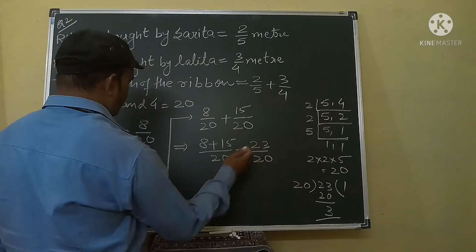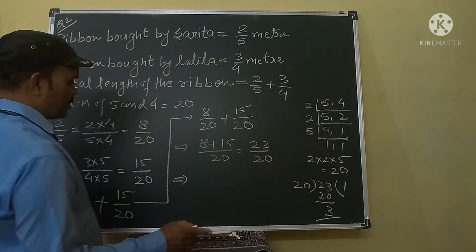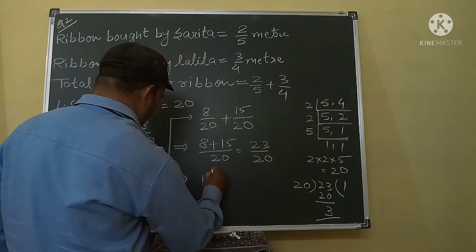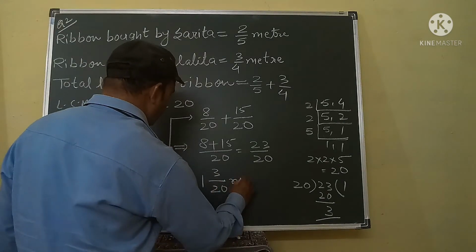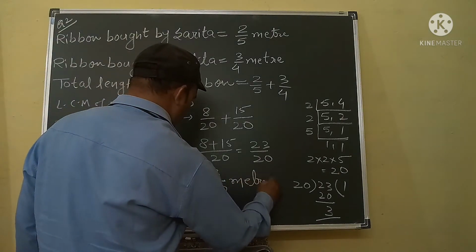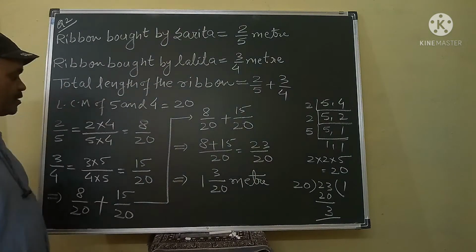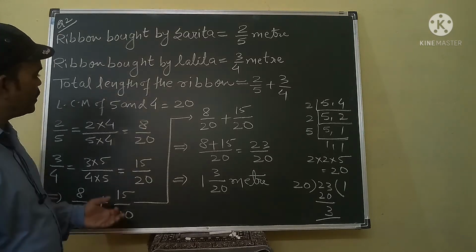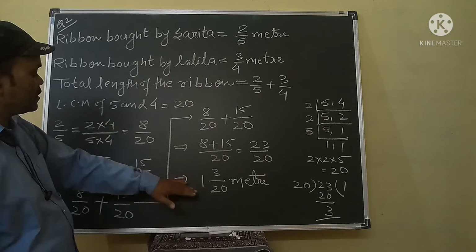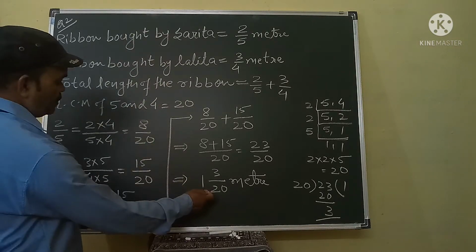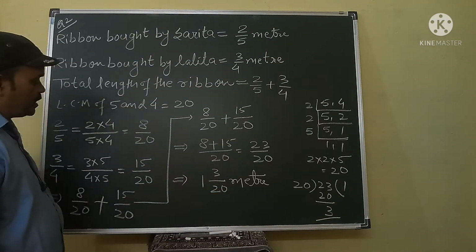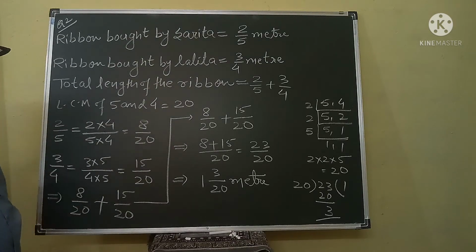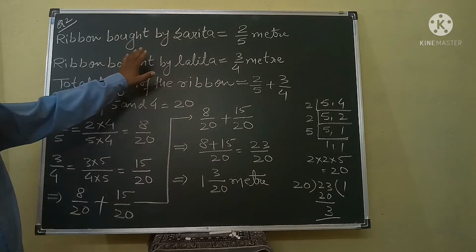That means 23 upon 20 we can write as 1 and 3 upon 20 meter. 1 and 3 upon 20 meter is the total length of the ribbon bought by Sarita and Lalita. This is the required answer for the required question.